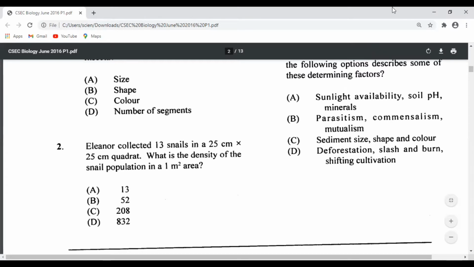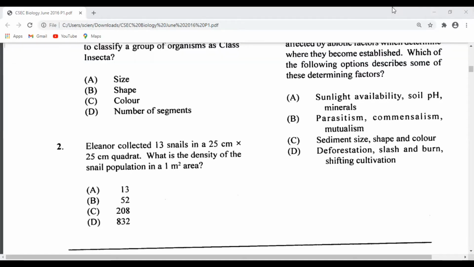So now this question we have to actually analyze and work out to get the answer. We know that Eleanor collected 13 snails, and we know that the quadrant is 25 cm times 25 cm. And now we're going to find the density of the snail population in a different area, which is 1 meter cube.